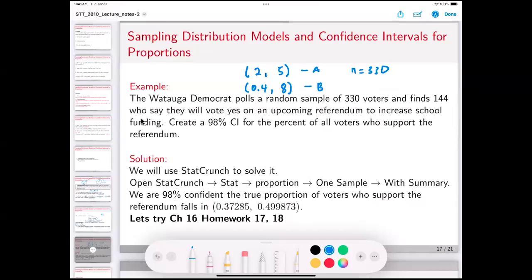So it means that they find the number of people who are going to vote yes, like the number of successes. So that is 144. Then the question says that we should create a 98% confidence interval for the percent of all voters who support the referendum. So to be able to do that, let's open our StatCrunch.